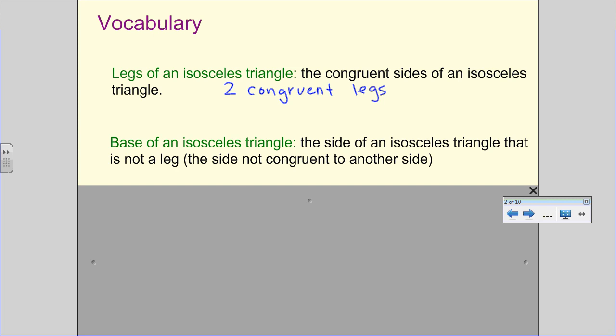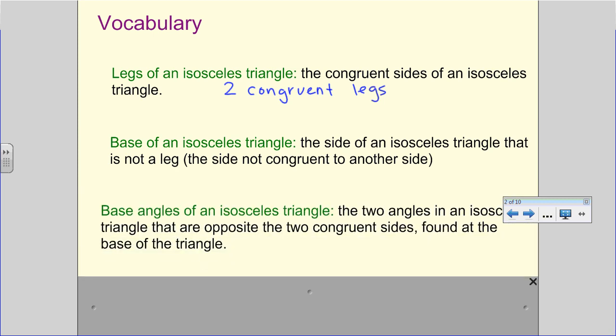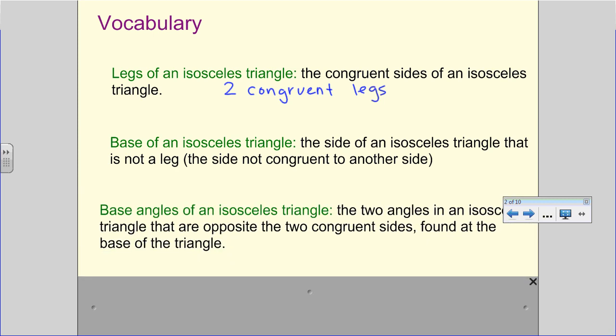So it's the side that is not congruent to another side. And then last but not least, the base angles of an isosceles triangle. Those are the two angles that are opposite the two congruent sides, found at the base. So a lot of vocab there.